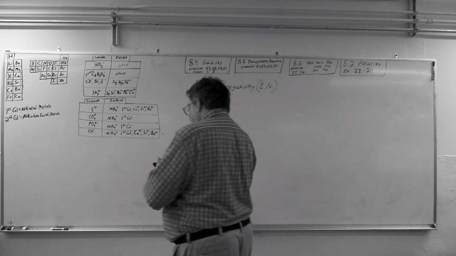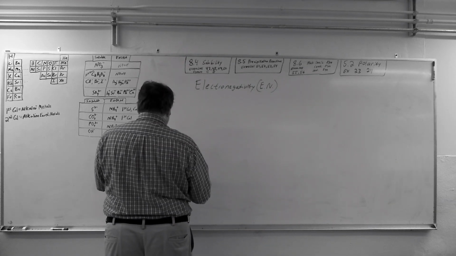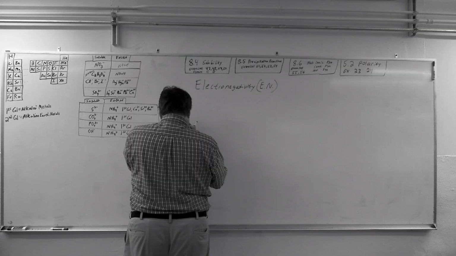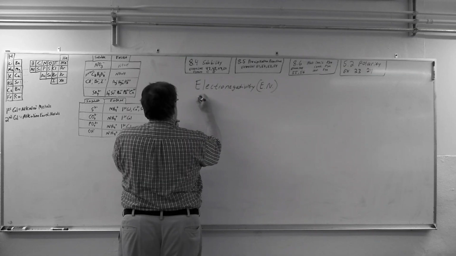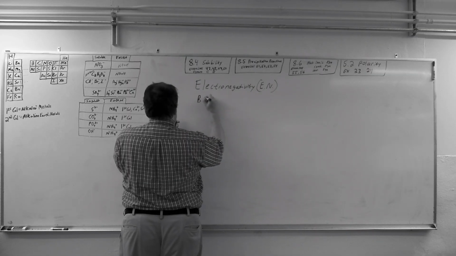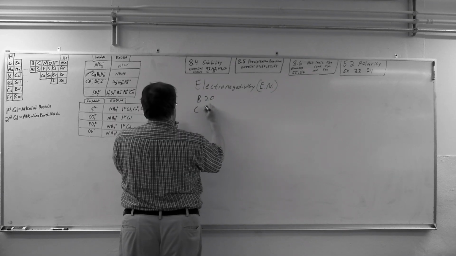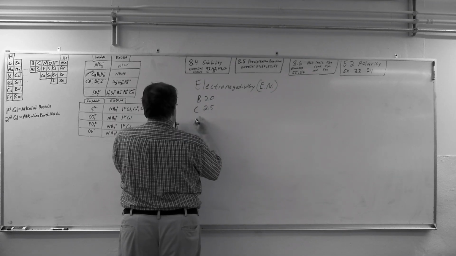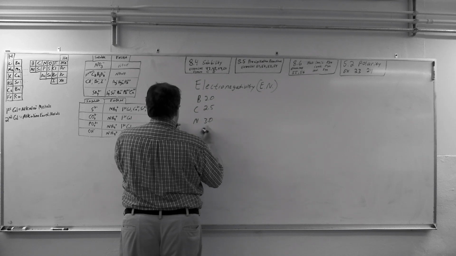So if you're looking at the periodic table, electronegativities are there for you to see. Boron is 2.0, carbon is 2.5, nitrogen is 3.0.